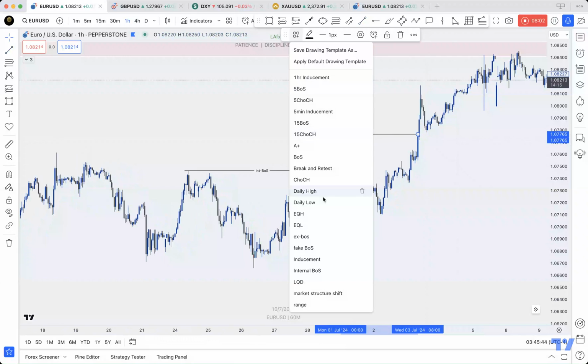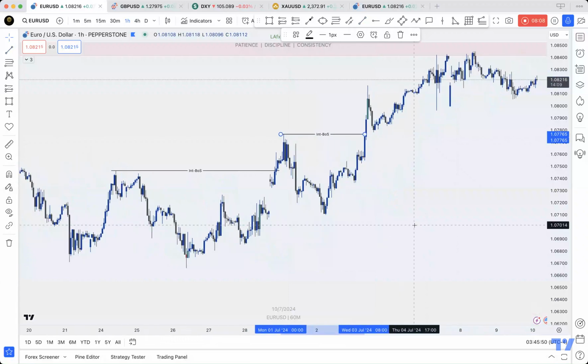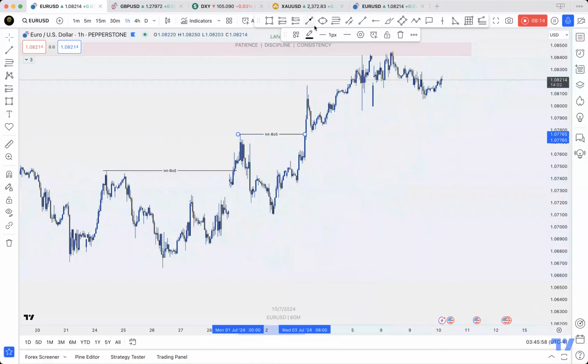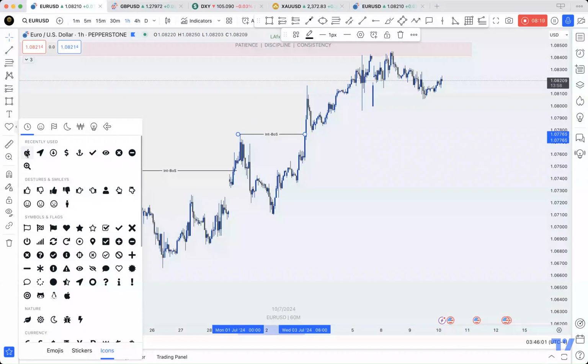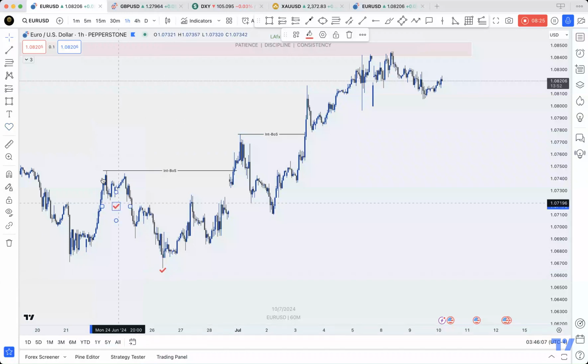This is our internal structure for the 4 hour leg. All right. So now we have this break of structure, that break of structure. We haven't created a low yet. So let me try and place this here. We have this as our low, this as our previous high, this as our new lower high.